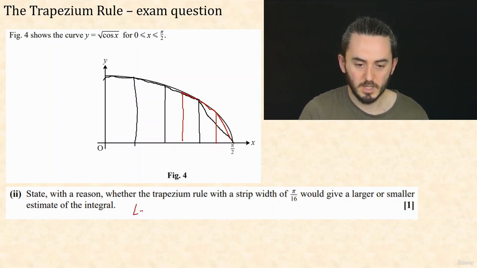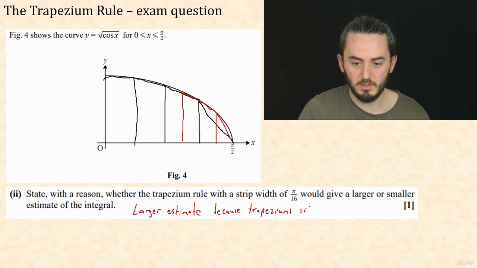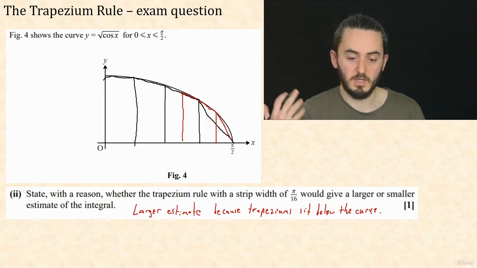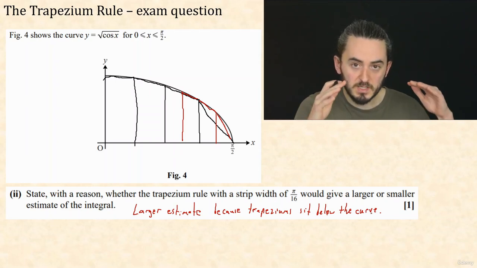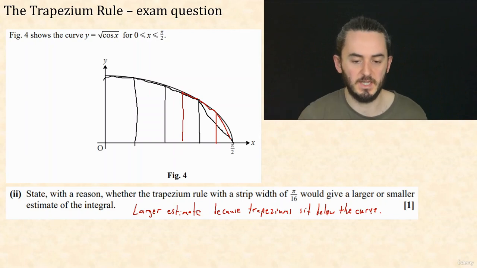So I can say a larger estimate, and they say with a reason, so I better write the word because, larger estimate because trapeziums sit below the curve. Okay, so since the trapeziums sit below the curve, it meant that the more strips I make, the closer it will be, and it will be going up, and it will be increasing until it gets closer and closer to the real answer.